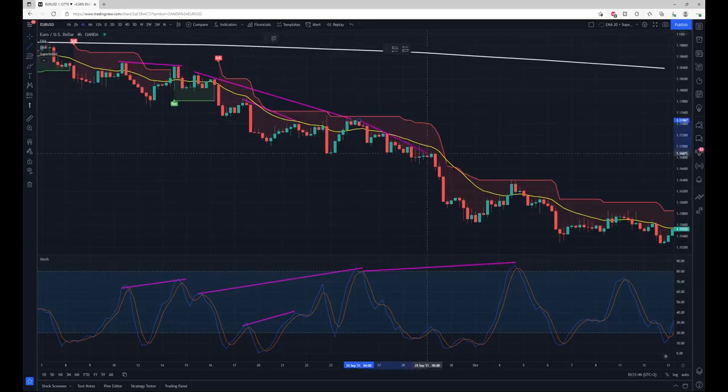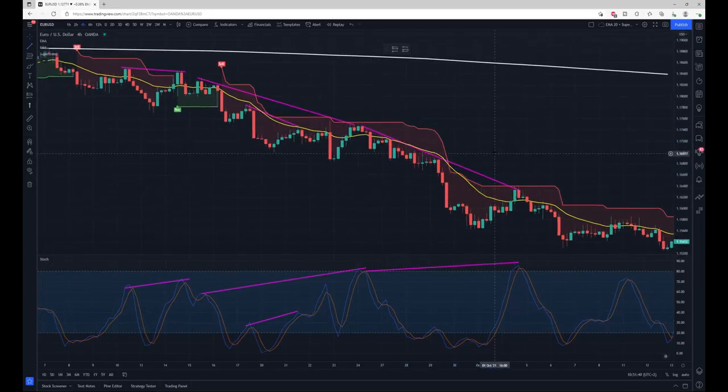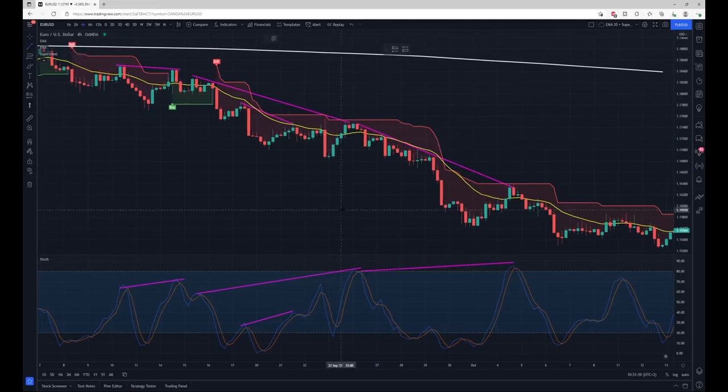So if we look to here and then look down at this pullback here, we get the hidden bearish divergences quite frequently throughout this downtrend. And you actually get it right here when you get this buy signal on the super trend, which is another reason to not take this buy signal other than the fact that it is below the daily 200 period exponential moving average.